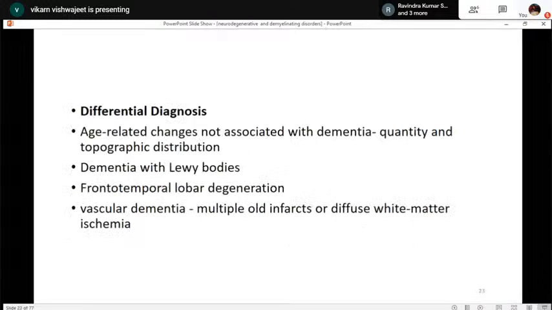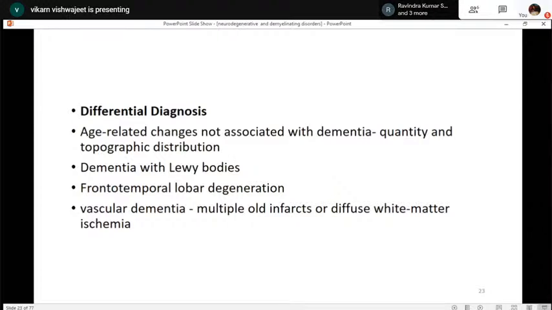Then the histological findings can be confused with certain entities. It can be confused with age-related changes which are not associated with dementia. In these cases, neuritic plaques and neurofibrillary tangles can be seen, but usually in age-related changes, diffuse type of plaques are noted.